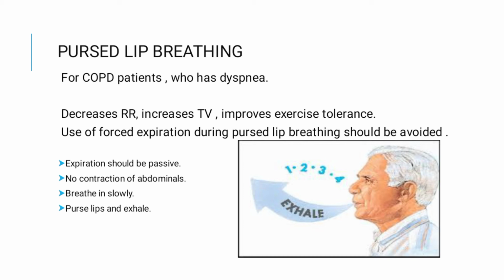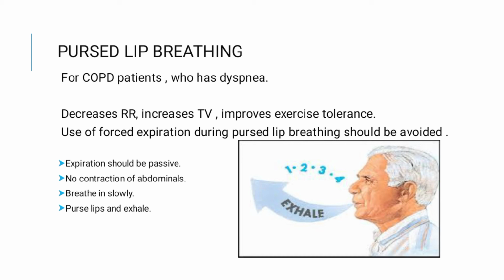So in this technique, the patient has to make a pursed lip and the expiration should be passive. The instruction you need to give to the patient is: make a pursed lip and expire for a prolonged time, at least 4 to 5 seconds, and the expiration should not be forced. You give a proper, normal, prolonged expiration, and there should not be any contraction of abdominals, and you can breathe in slowly, then exhale.